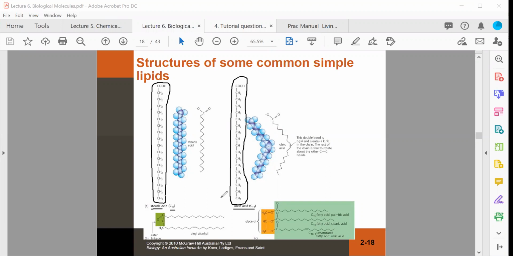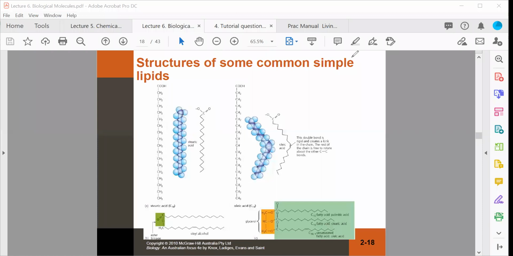Remember on the previous slide we said that saturated fatty acids contain only carbon-carbon single covalent bonds, which is the case here. Unsaturated fatty acids, and oleic acid is an example, contain at least one double covalent bond, at least one. So there are a couple of examples of fatty acids.